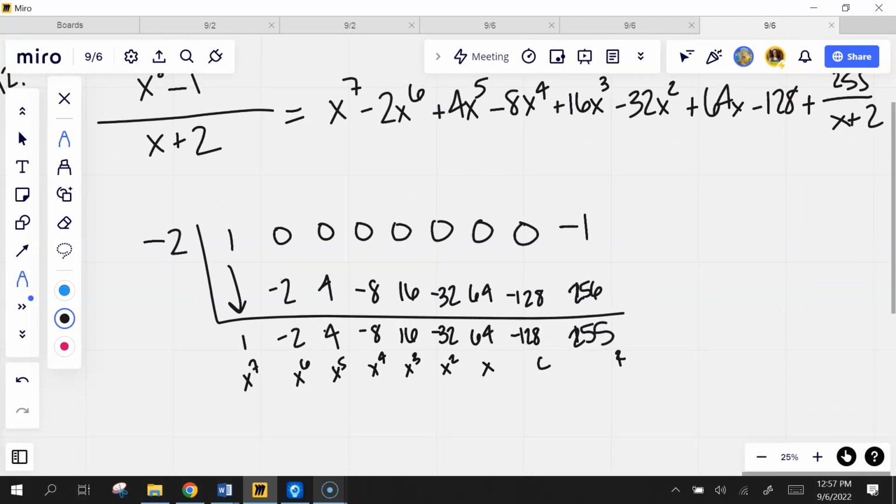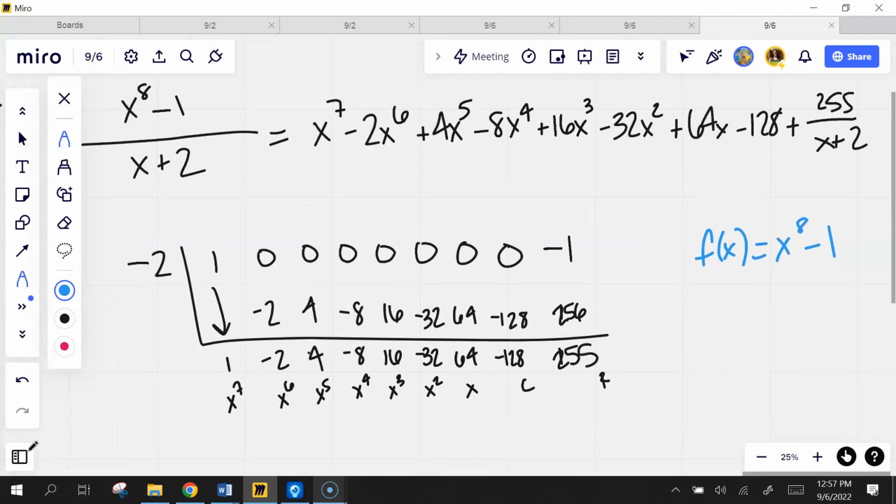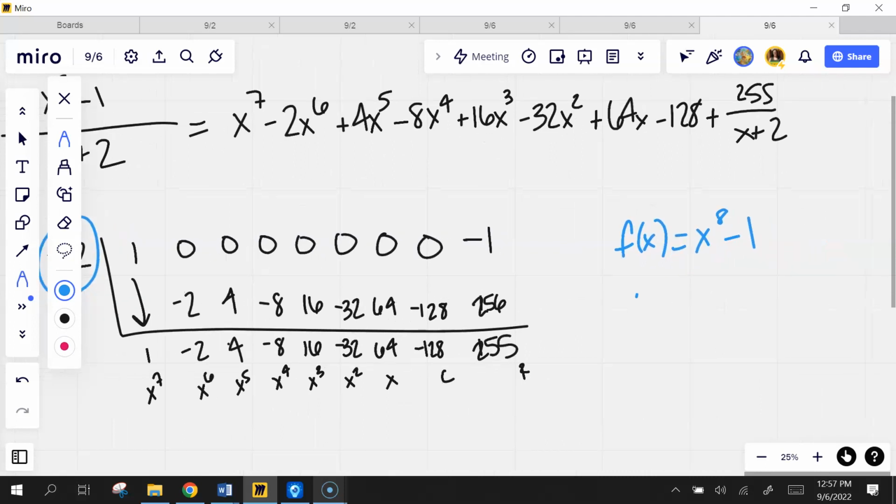Okay. I'm going to say that f of x is x to the 8th minus 1. That's the top of that fraction. What happens if you plug negative 2 in here? Tell me what that equals. I hear 0.